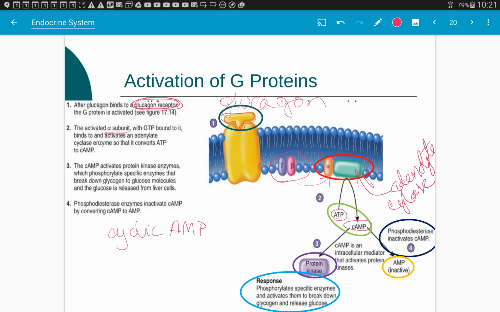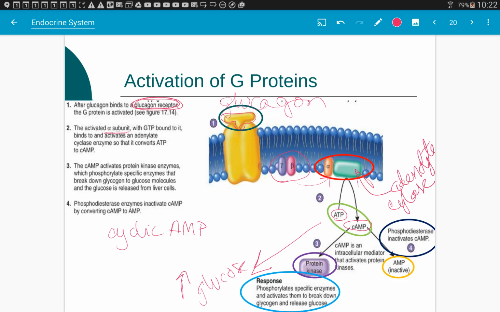So this might happen, let's say, if your blood sugar is too low, you will have glucagon released in order to increase your blood sugar levels.